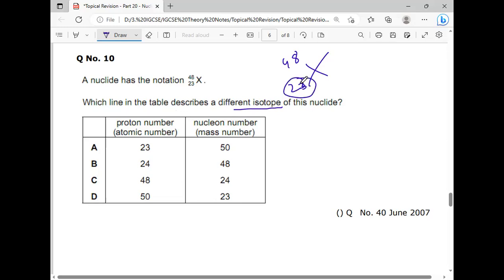Same number of protons. So now you can see from this, 23 and 23. So the first option matches your answer. Same number of protons but different number of neutrons, and obviously this will refer to the number of nucleons.